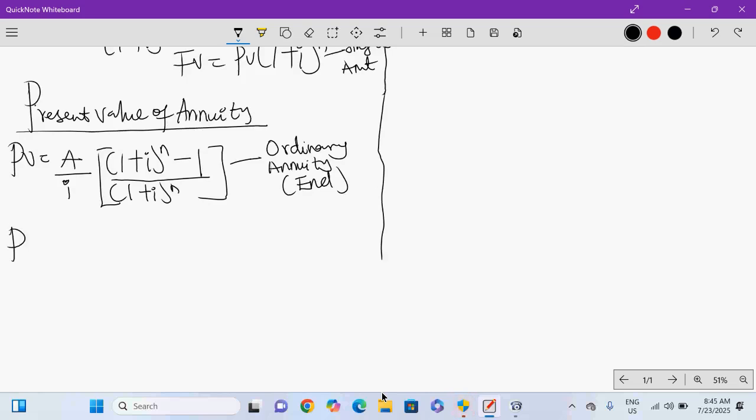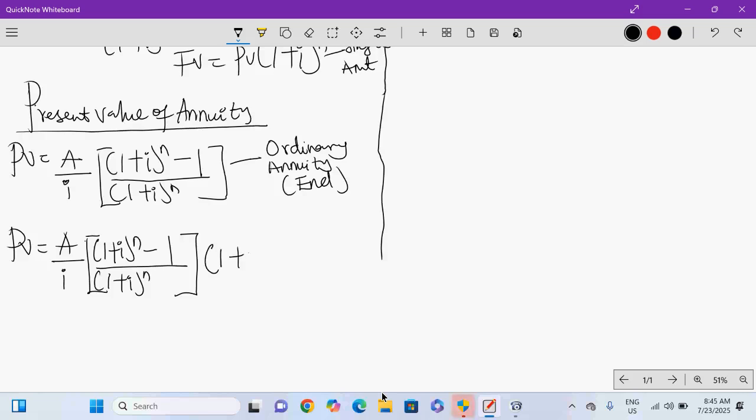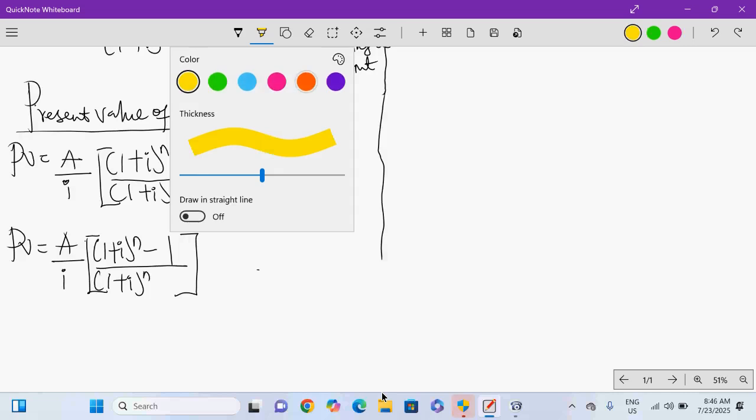For the same present value, looking at annuity due or annuity advance, that is the same A over I, then bracket 1 plus I exponent n minus 1 all over 1 plus I exponent n, bracket close, into bracket 1 plus I. So this makes the difference. Let me even use red pen. This makes the difference.